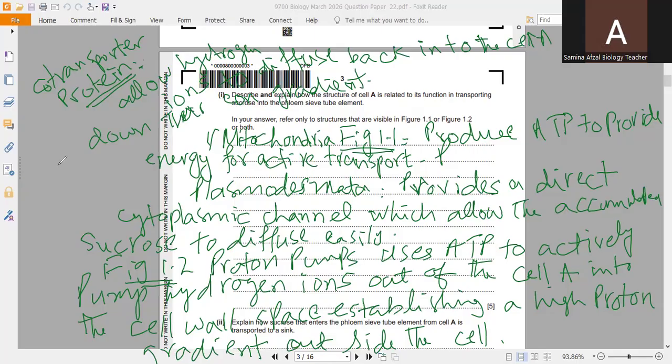So all these four features were important over here.